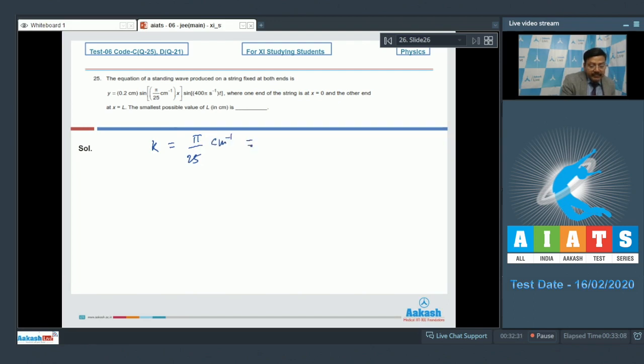We know that the value of k is also 2 pi by lambda, which means that lambda is 50 centimeter, and the minimum length of the string should be lambda by 2 if it vibrates in its fundamental mode with only one loop. In that case, this length L must be lambda by 2, and that will be the smallest length. So the smallest possible value of L in centimeter is 25. So the answer to question 25 is 25 itself.